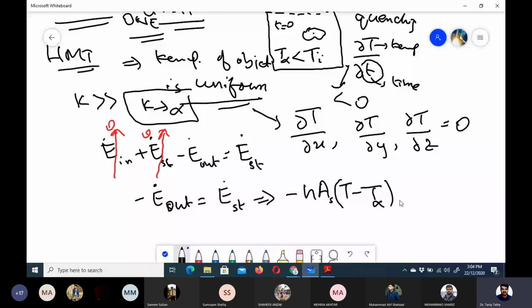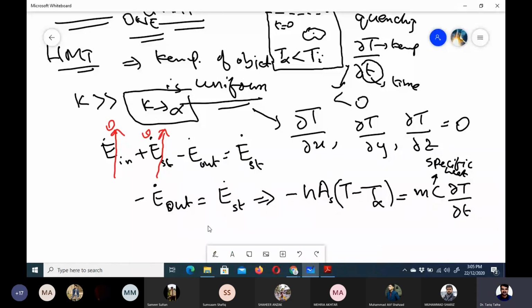What is E dot st? That is m into C, where C is the specific heat capacity. That would be Cp in general, but for a solid Cp is equal to Cv is equal to C, so we write C. So this is specific heat, and then partial T by partial t, the rate of change of temperature with respect to time.